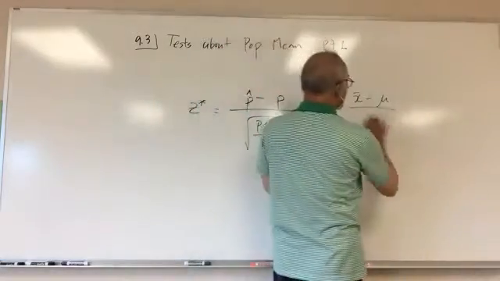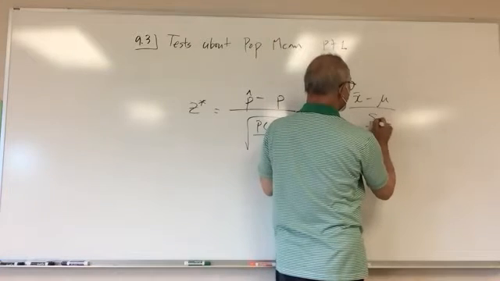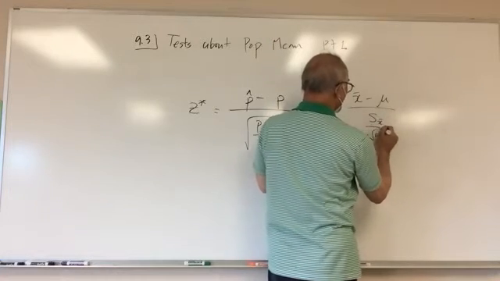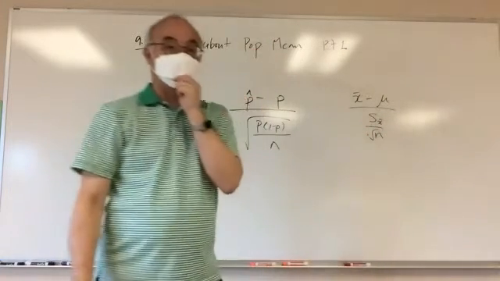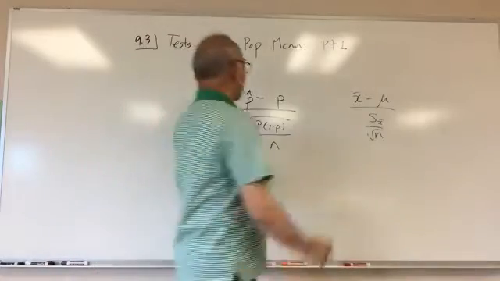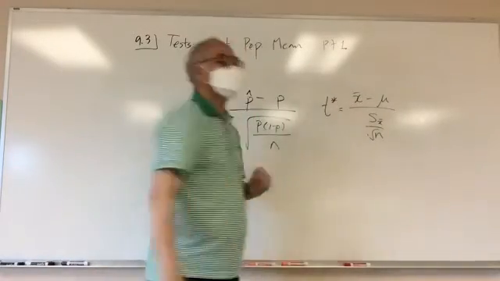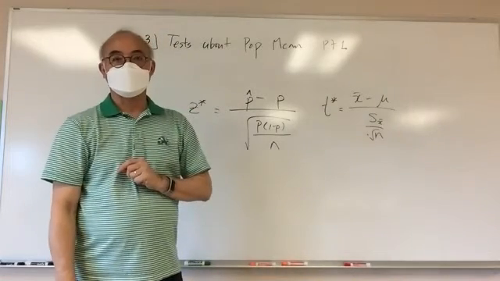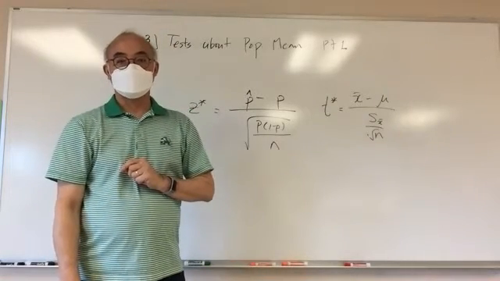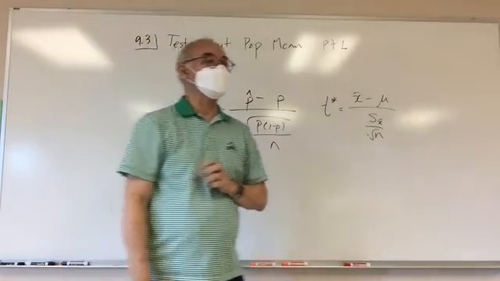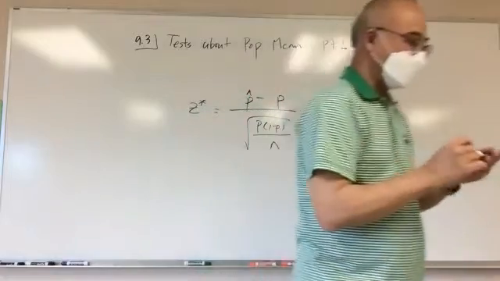So we're doing the same thing here. We're going to use the standard deviation of the sample, and we're going to use not a z, but the t-distribution to find this.